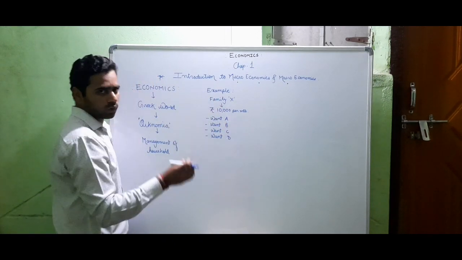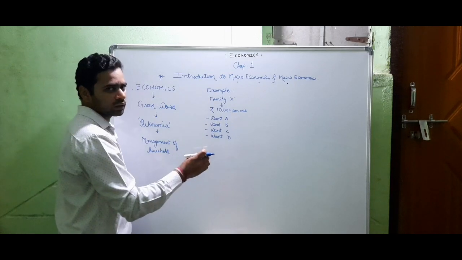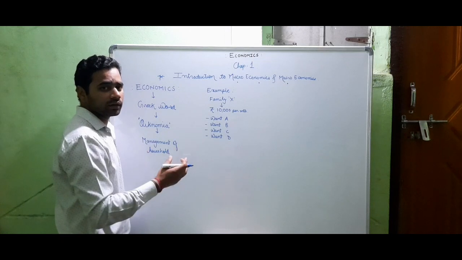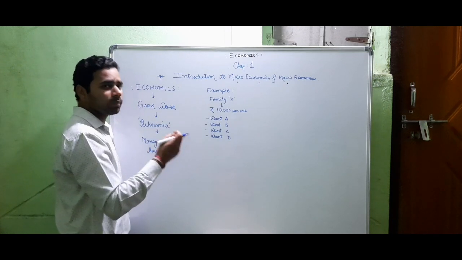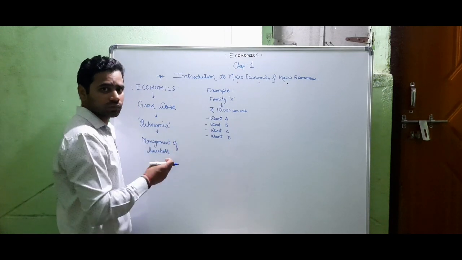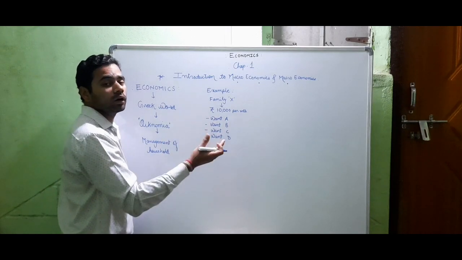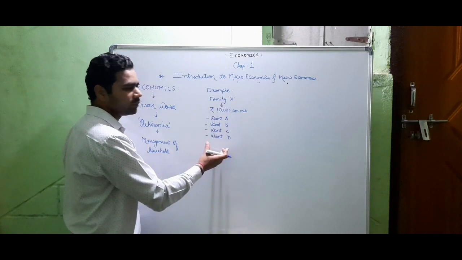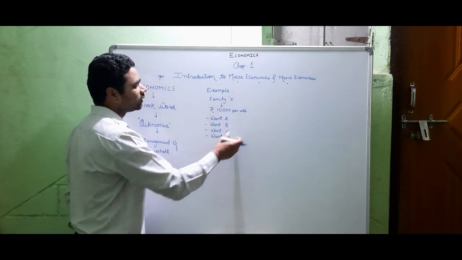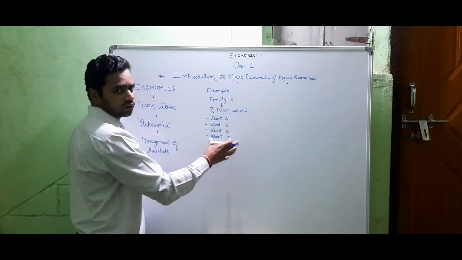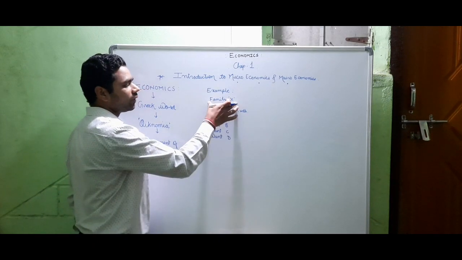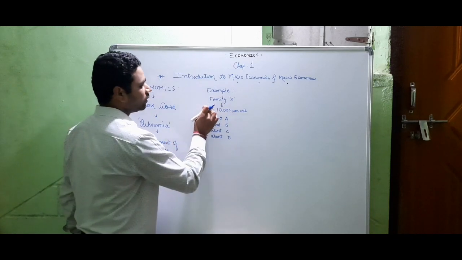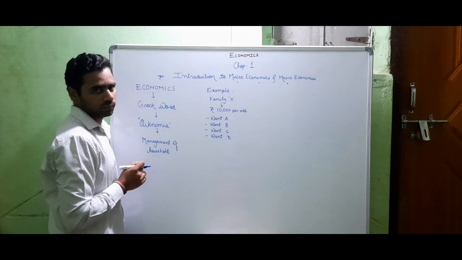Because when we talk about wants, wants are unlimited in nature. Now why I say it unlimited? Because once a particular want is getting satisfied, again a new want is getting arised. Okay, so for that reason we will consider that these all are the different wants of family X on which they are required to spend this income.